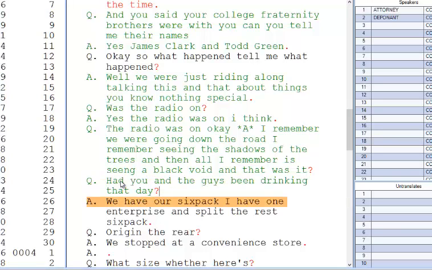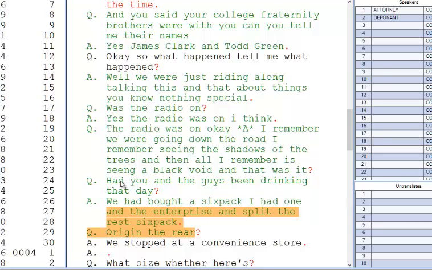Hugo, we had bought a six-pack. I had one. And the guys had split the rest of the six-pack.